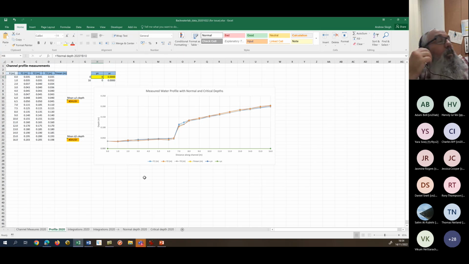So, as I was trying to refer to, in fact, normal depth is irrelevant in this experiment. We're not interested in it, because we never achieved normal depth.